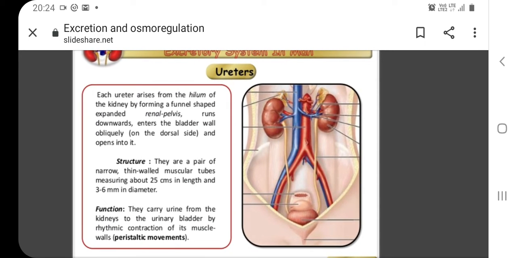Each ureter arises from the hilum of the kidney by forming a funnel shaped expanded renal pelvis, runs downward, enters the bladder obliquely, and opens into it.